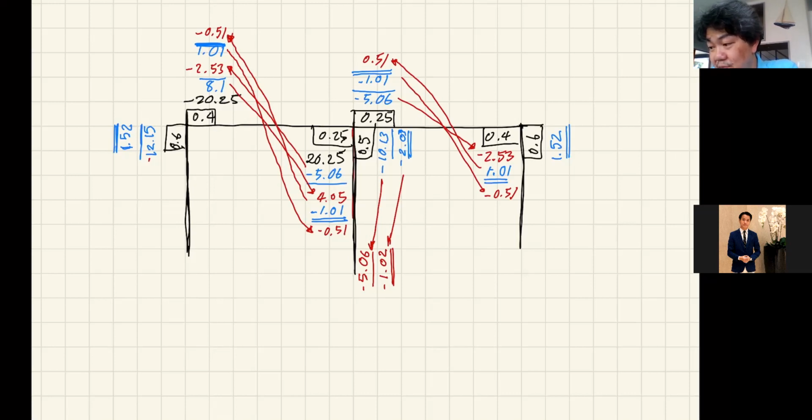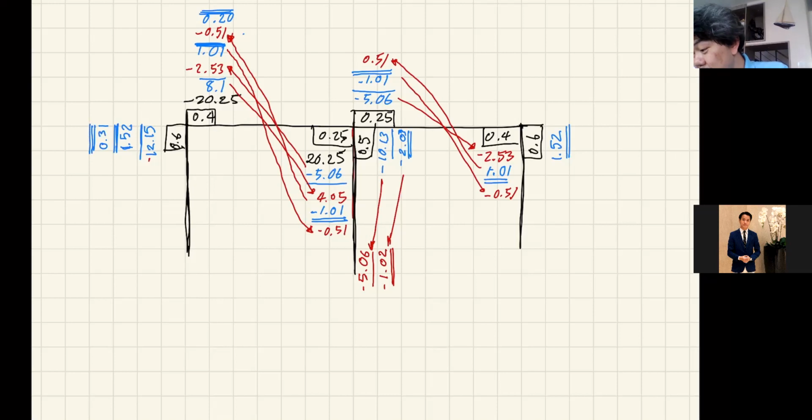We have unbalanced moment of minus 0.51 here. 40% is going to come from this member AB, so that is about 0.2. Then that's the end of the third cycle. Let's draw 3 lines. And 60% is going to come from the column. That is 0.31. 1, 2, and 3.